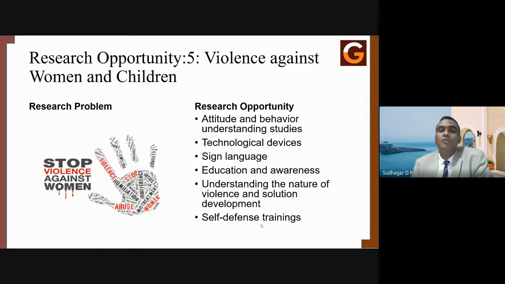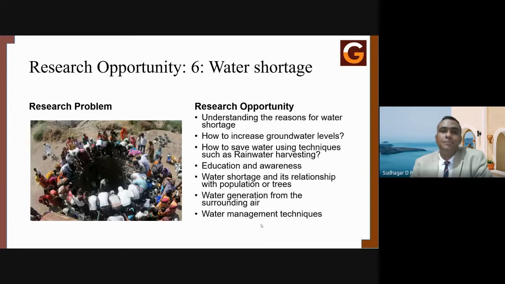So is it possible for us to understand the nature of violence, and is it possible for us to develop a solution for that? Is it possible for you to research self-defense training which could be given to women and children to safeguard themselves when it comes to any kind of violence? This also could be one of the research opportunities.